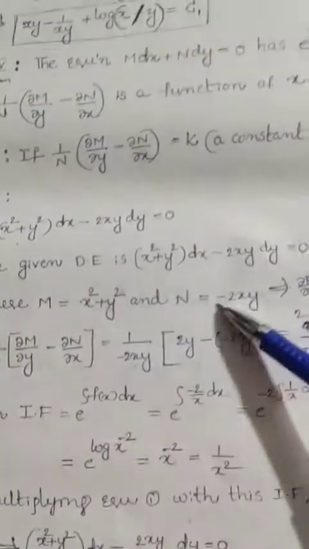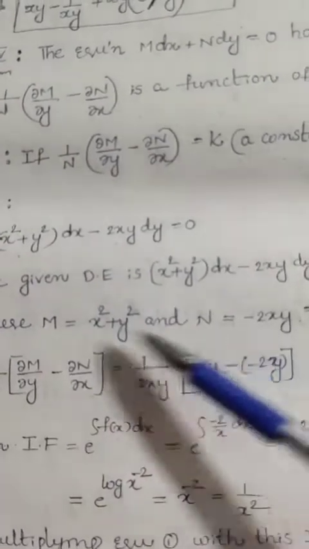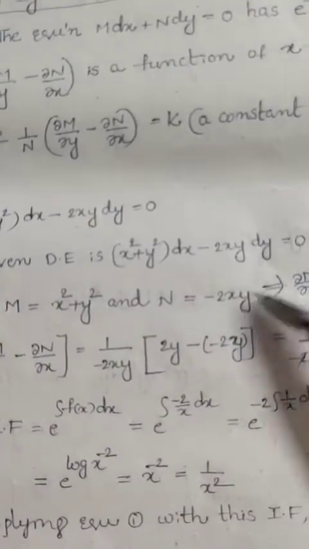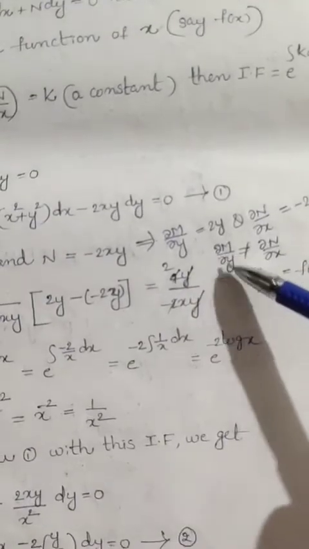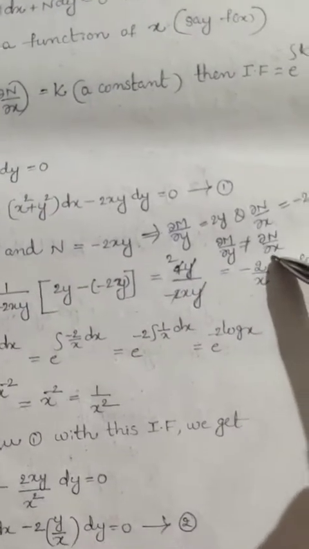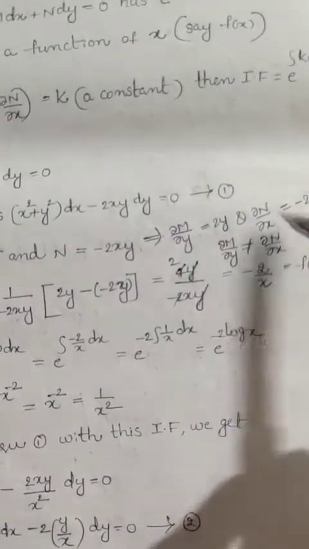Then we have to find dou M by dou y and dou N by dou x. So dou M by dou y is 2y, dou N by dou x is minus 2y. Here 2y is not equal to minus 2y, so dou M by dou y is not equal to dou N by dou x. So the given differential equation 1 is not an exact differential equation.